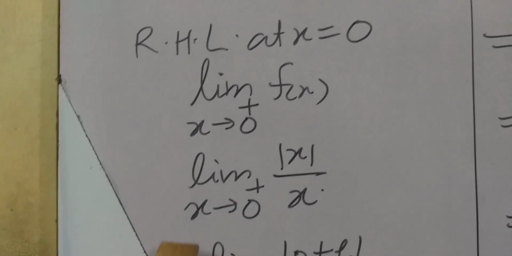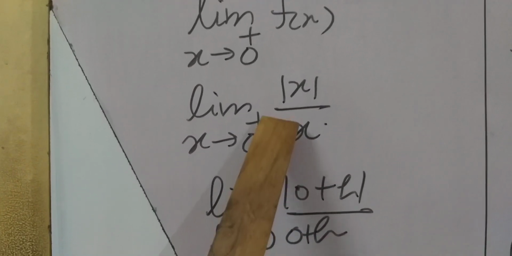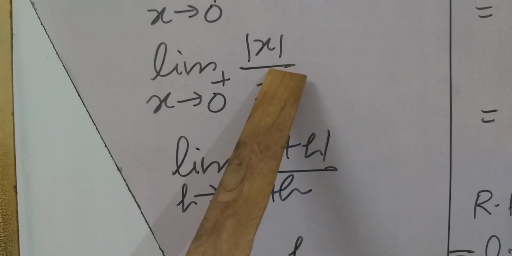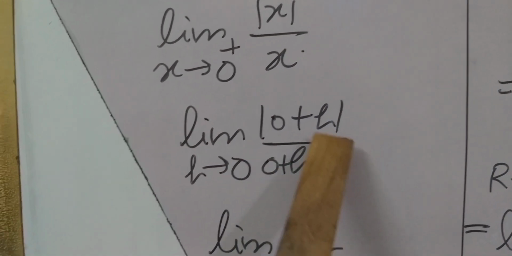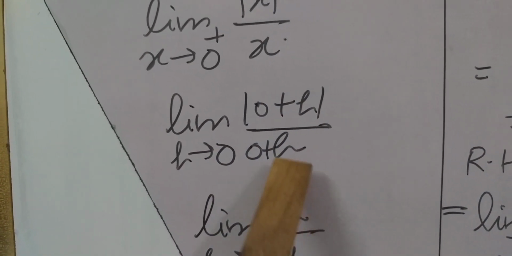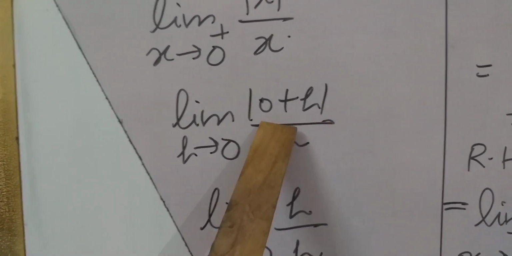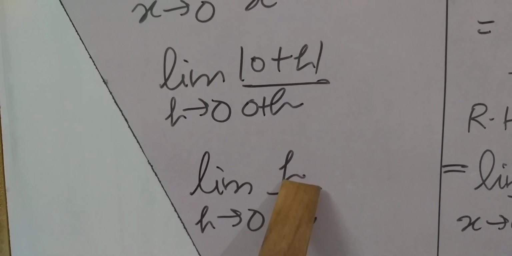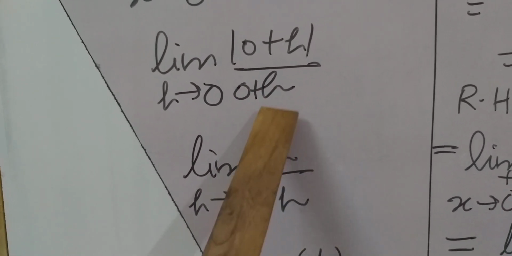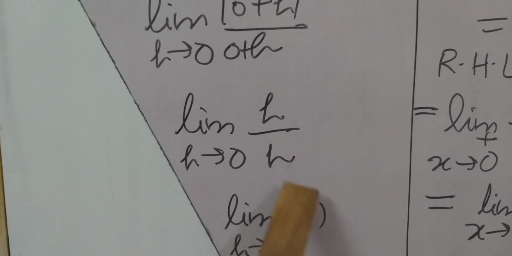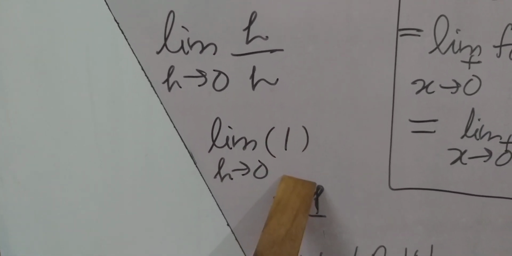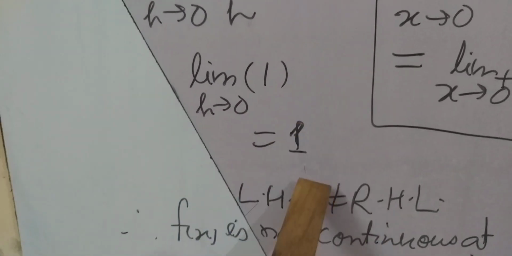So at the place of x tends to 0 plus, we will write h tends to 0, and at the place of x, 0 plus h upon 0 plus h. 0 plus h equals h, mod is there, so there will be h, and in the denominator also h, both are the same, h cancels. Limit h tends to 0, 1 is a constant function here, so there will be no effect of the limit, answer is 1.